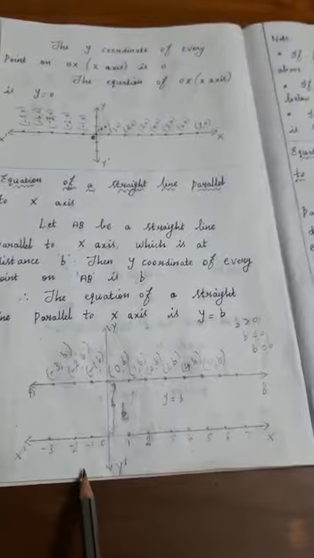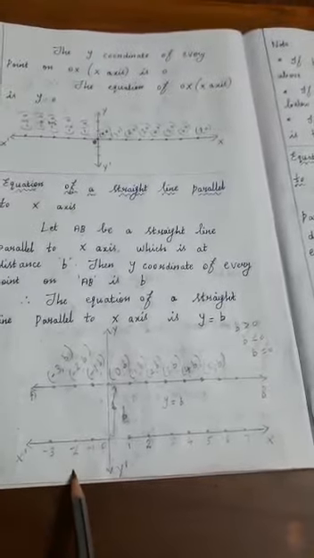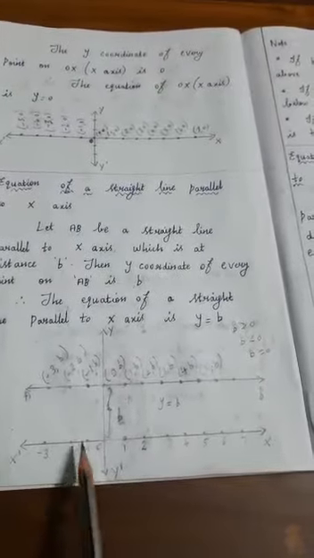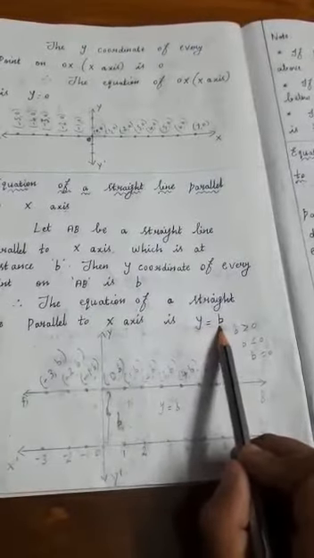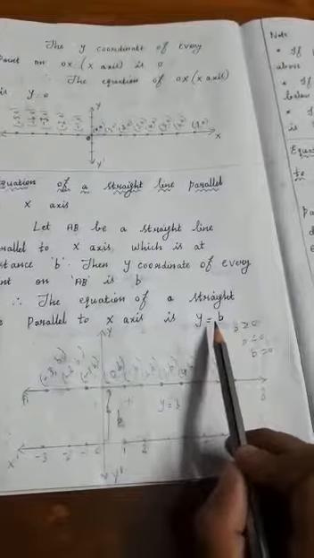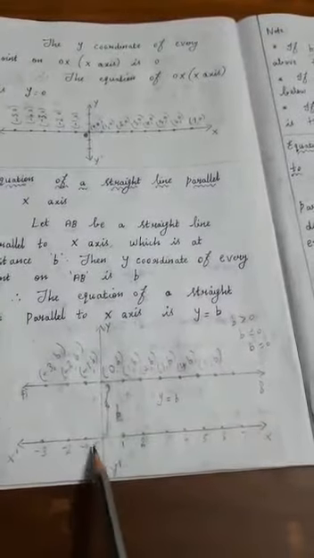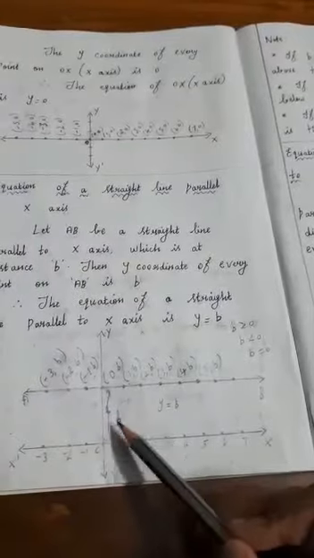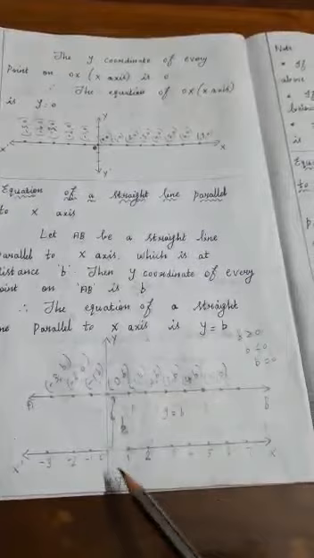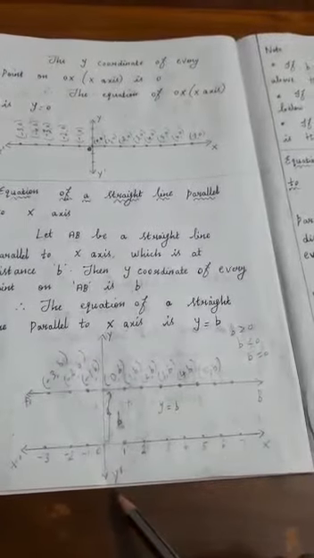Here minus 1 comma minus 4, minus 2 comma minus 4, minus 3 comma minus 4. If the distance b is a negative number, the points lie below the x-axis. If you consider positive 4, the points lie above the x-axis.